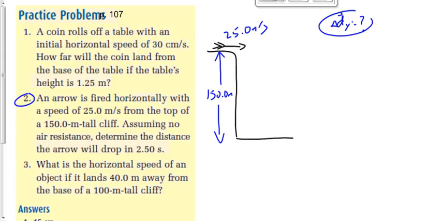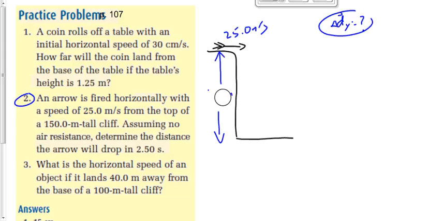Yeah, we're looking for how far it falls. Listen, if this cliff was 800 meters high, would that change how far the arrow's fallen in 2.5 seconds? No, right? As long as it hasn't hit the ground, the arrow's going to fall the same distance in 2.5 seconds, regardless of whether the cliff is 150 meters high or 800 meters high.